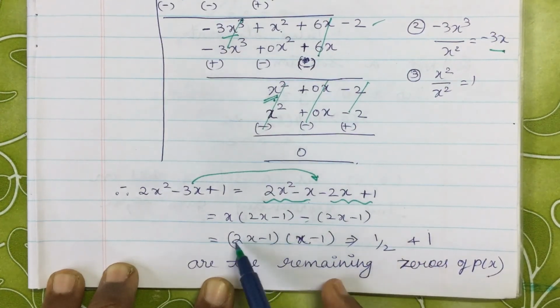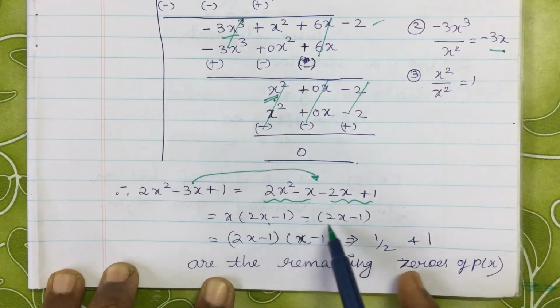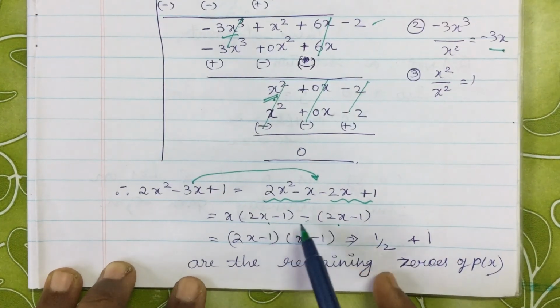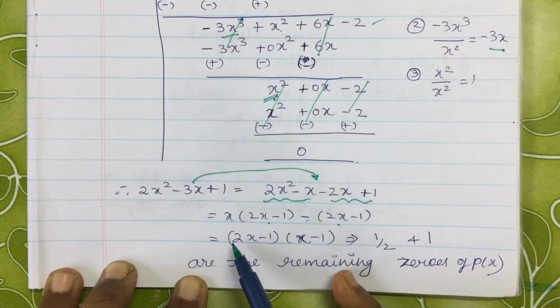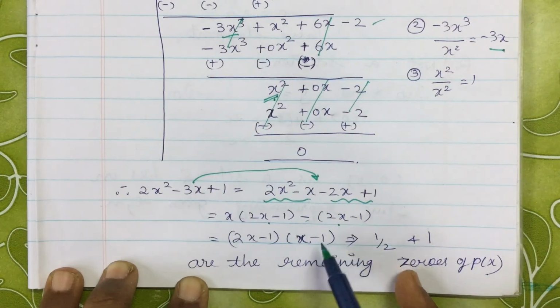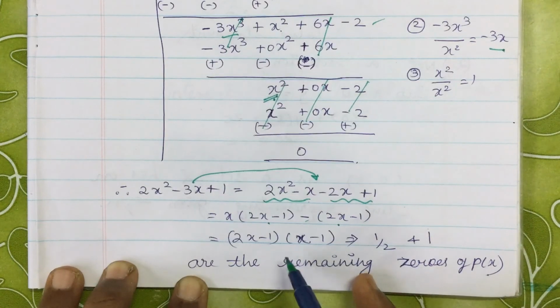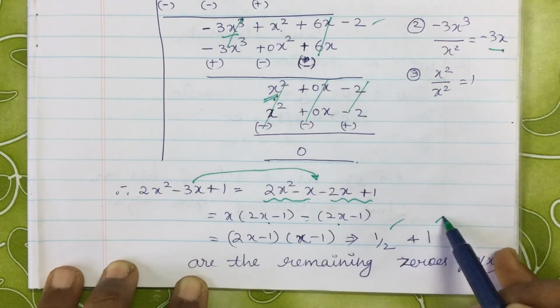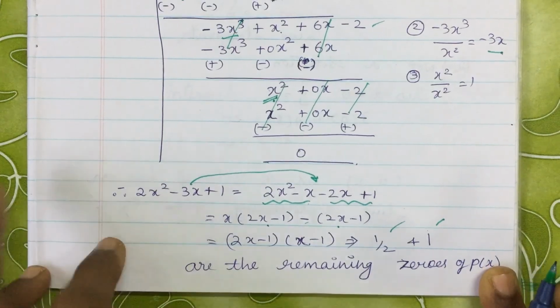Then in the next step I have taken 2x minus 1 out of these two terms as the common factor. So 2x minus 1, and again open a bracket, the left out terms are x here and minus 1 here. Therefore from this I can say that x is equal to half and x is equal to 1. Okay, these two are the remaining zeros of the given polynomial.